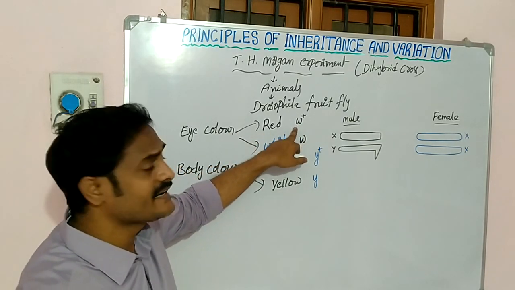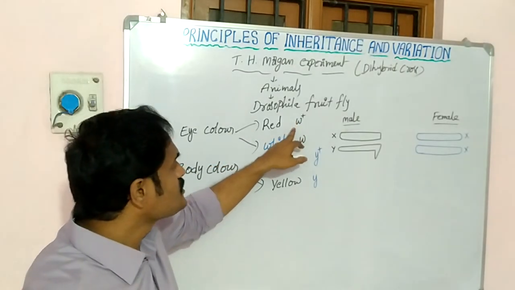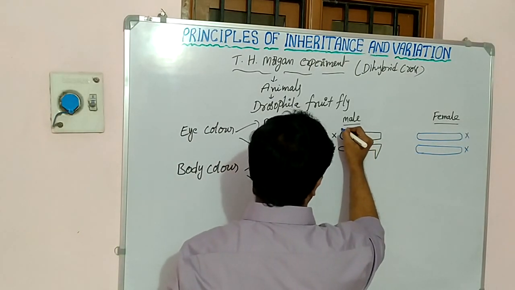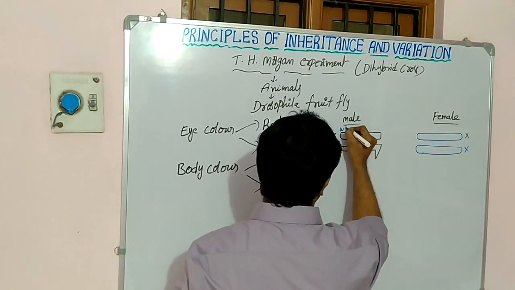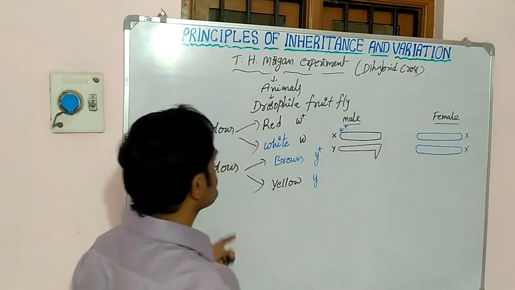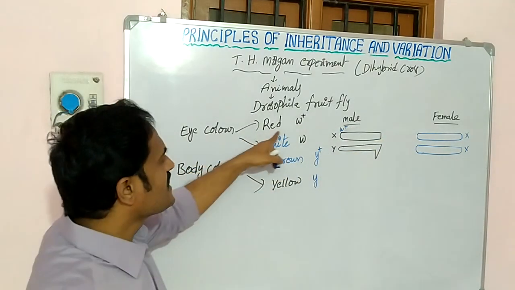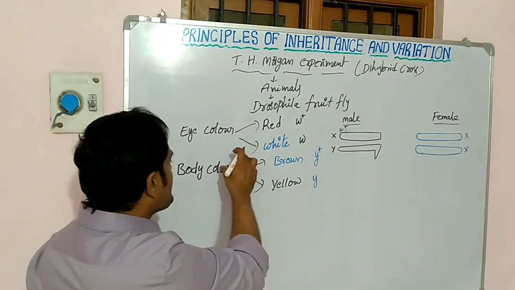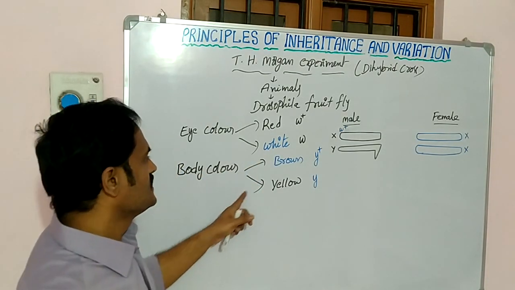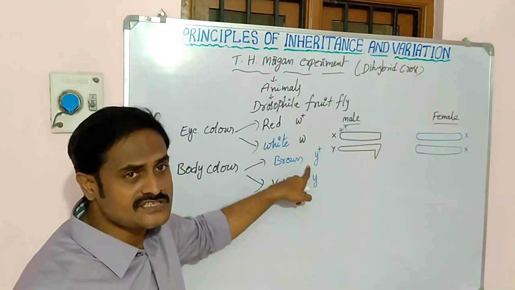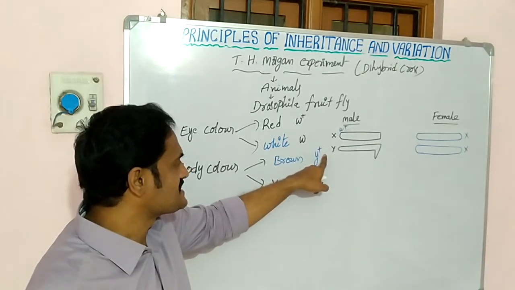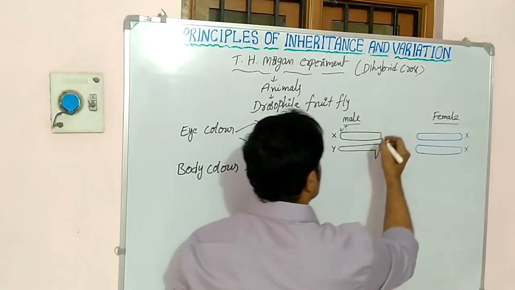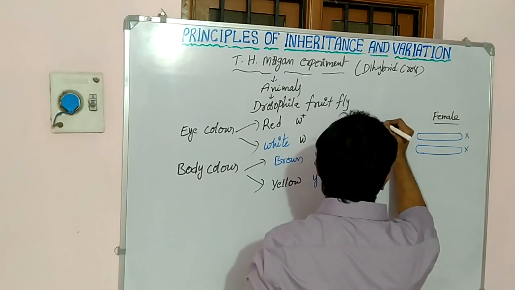So that is the eye color of the male Drosophila. Then coming to the second character, which is the dominant one? Y plus. Y plus means brown color. So Y plus.